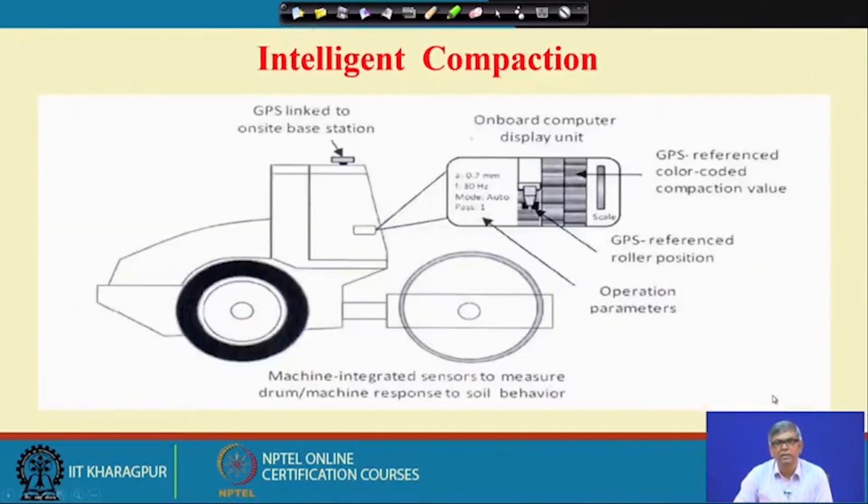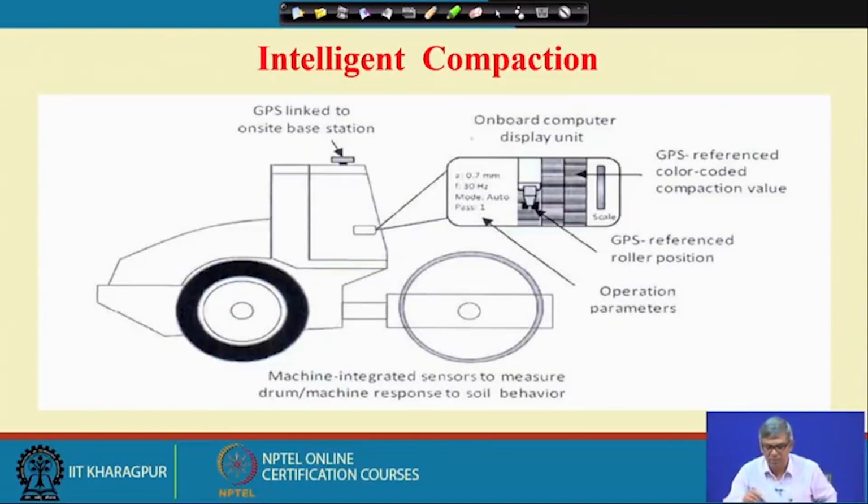Then nowadays we also have intelligent compaction. Intelligent compaction means the equipment itself has various accessories, and through sensors it can find out the amount of moisture and the density achieved, and it will direct you where it is weak and where you have to repeat the work.